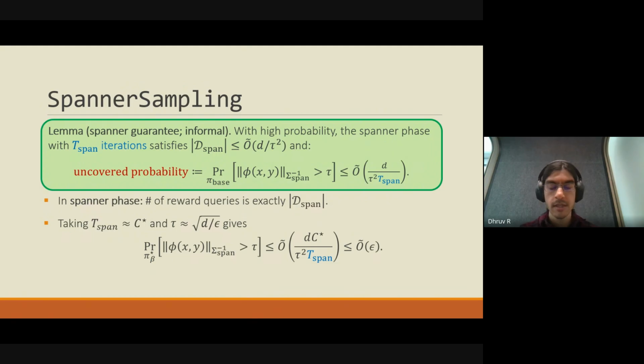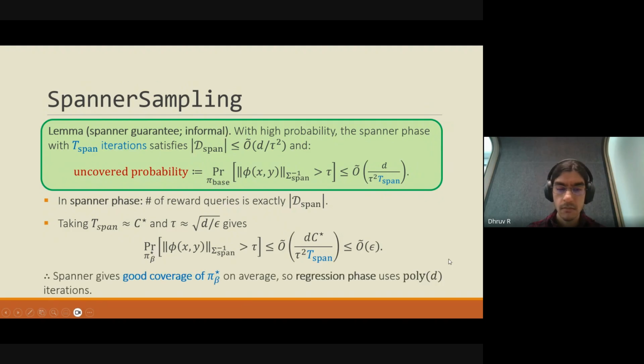So under responses drawn from the optimal policy, their feature vector is in a direction that's well covered by the spanner. And you can show that under this condition, where you have good coverage of the optimal policy in this average case sense, then the regression phase will succeed with only polynomial in d iterations. So the key point here is that if you run iterative DPO from scratch, it takes like C star iterations. But because we have this warm start, we only need polynomial in d iterations.